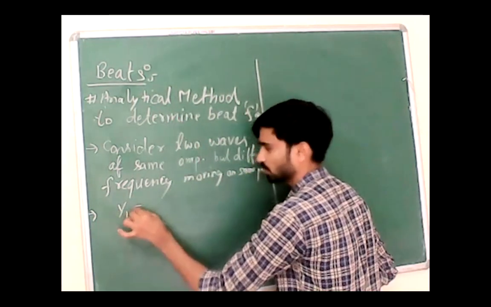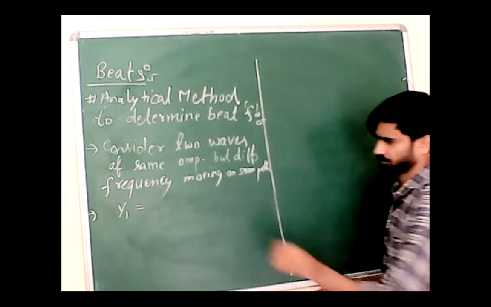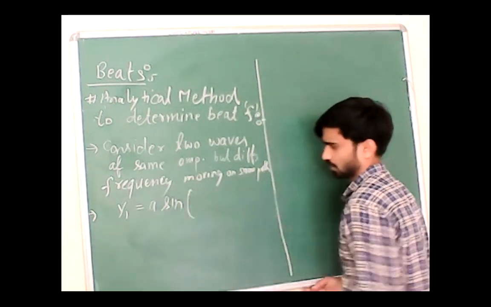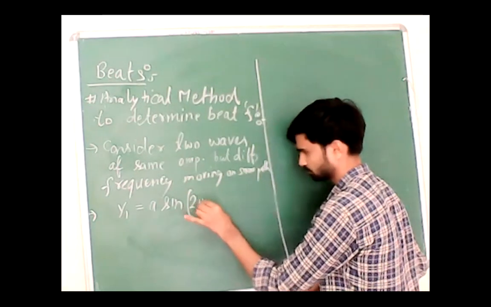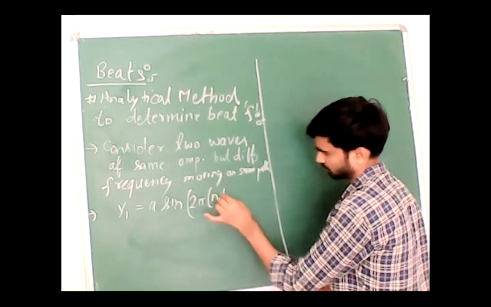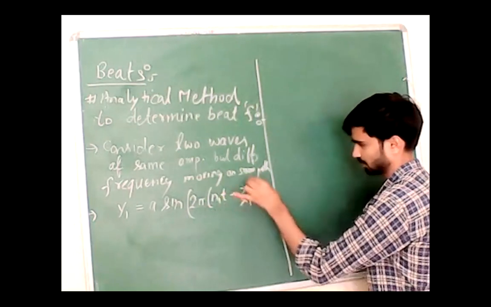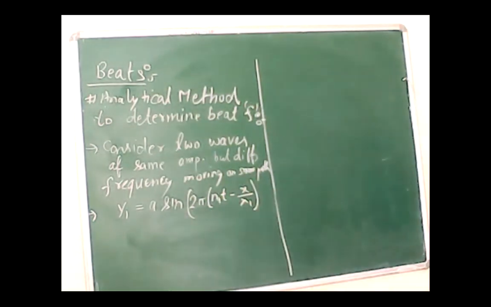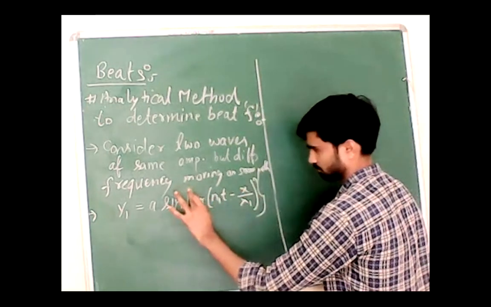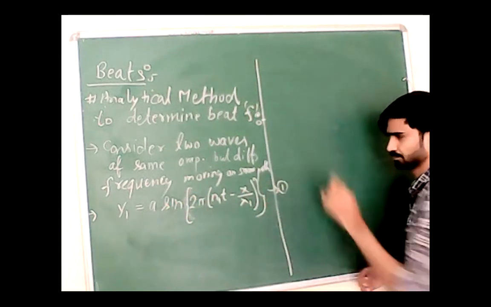Now we have to write the expression for those. So the first wave would be y1 equal to a sin 2 pi, bracket open, n1 t minus x divided by lambda, bracket close. So this is the equation for the first wave.